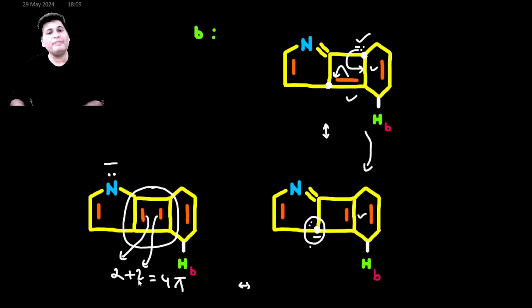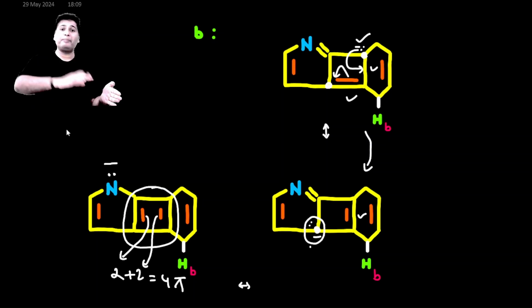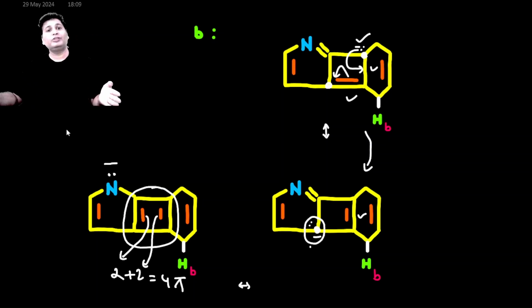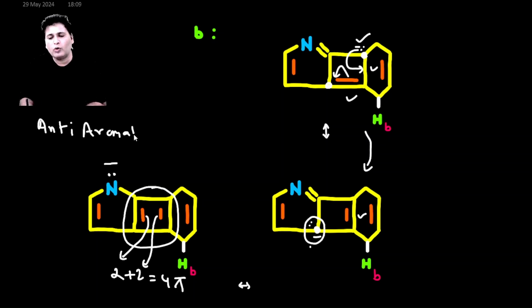What is alarming in this figure of 4 pi electrons? Because you know that there is one pole which is called aromatic behavior. There is an opposite pole also which is called anti-aromatic. And you understand, for a species to be anti-aromatic, what are the conditions? The conditions are quite similar to the conditions required for the aromatic species.